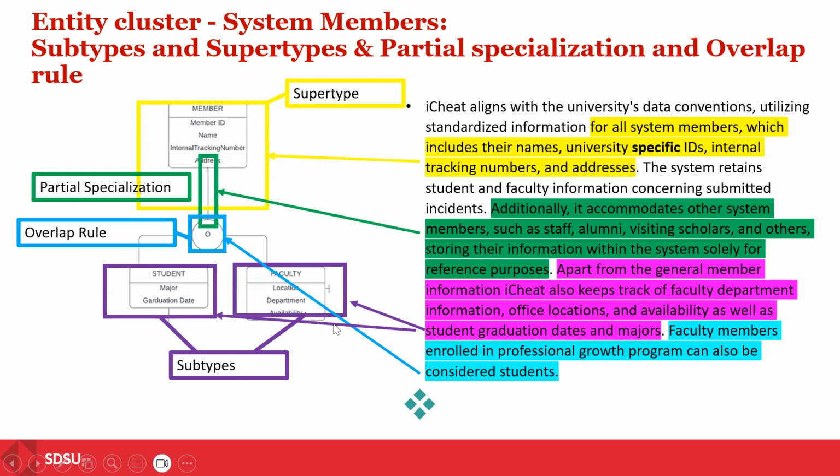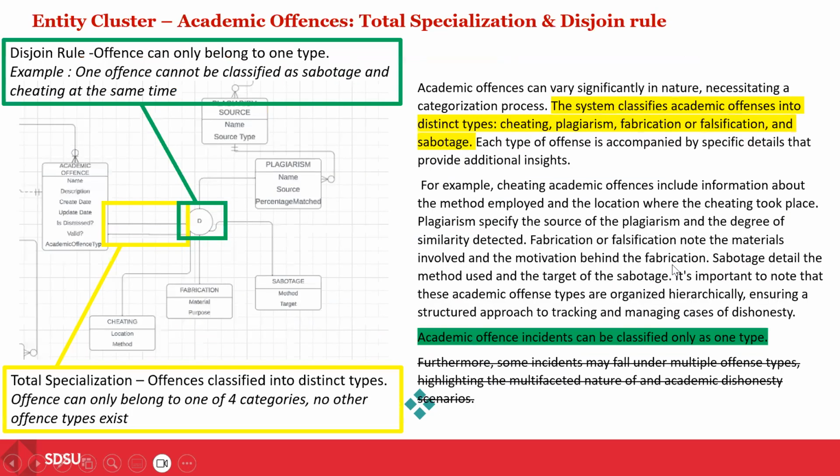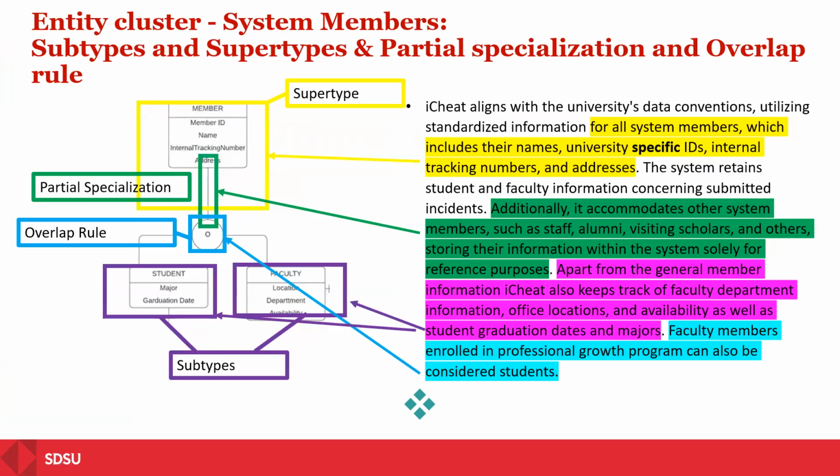The only thing left here is the overlap rule. The reason it's the overlap rule is because faculty members enrolled in professional growth can also be considered students. So a member can be a student and faculty at the same time. That means it's the overlap rule.